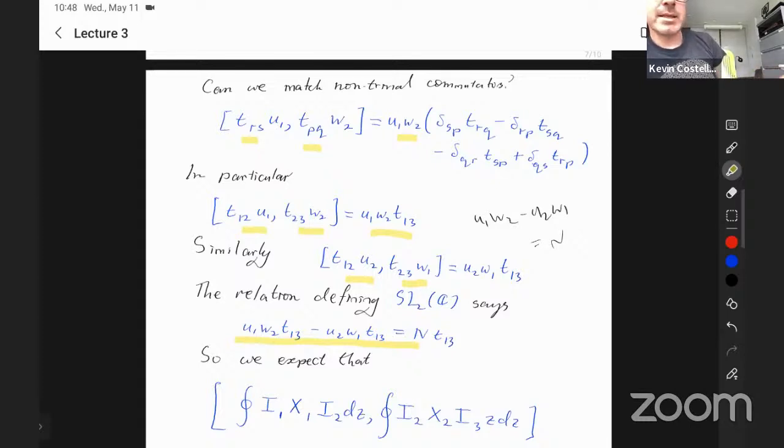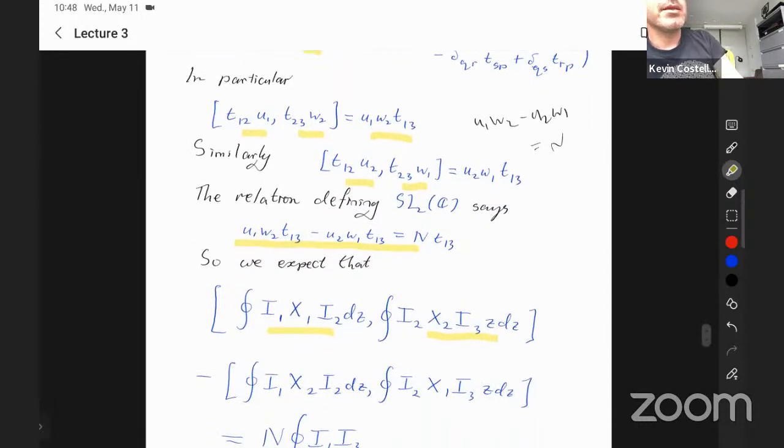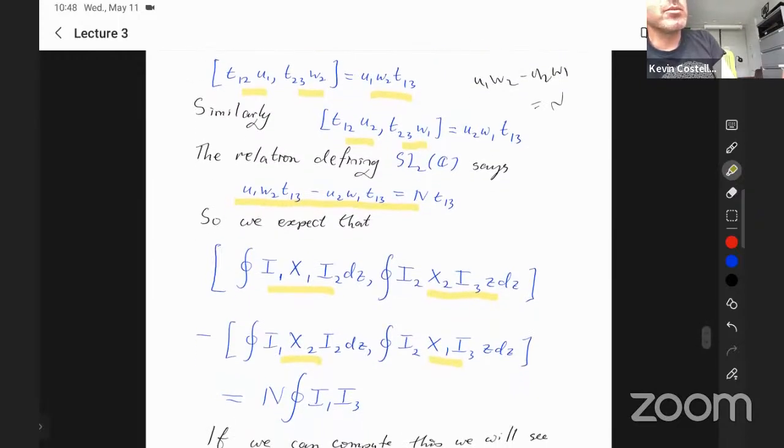So let's translate this into the CFT language. u1 is going to be a mode of x1 I1, I2, like this. And w2 will be like this, an x2 and a Z. And in the other commutator, there's going to be an x2 with no Z and an x1 with a Z. And we expect that the modes commute according to this relation.